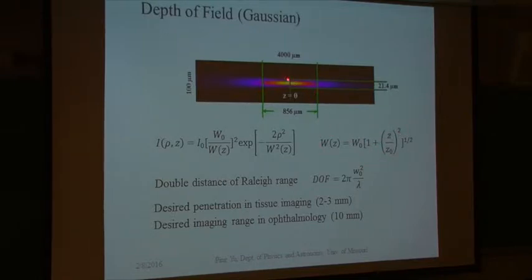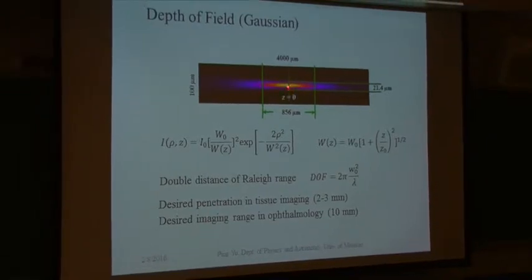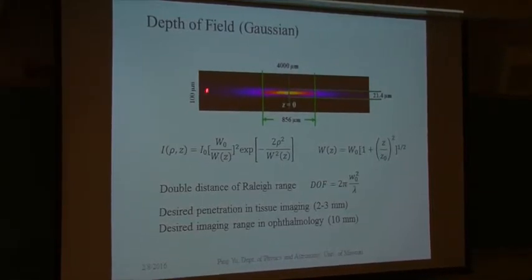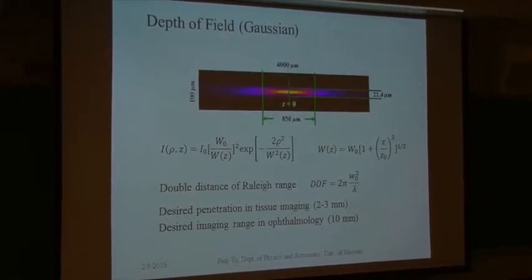So here's a simulation of the Gaussian beam. The whole picture contains the optical axis, so the light just propagates along this direction. And the brightness of the color means that there is stronger intensity at this point.